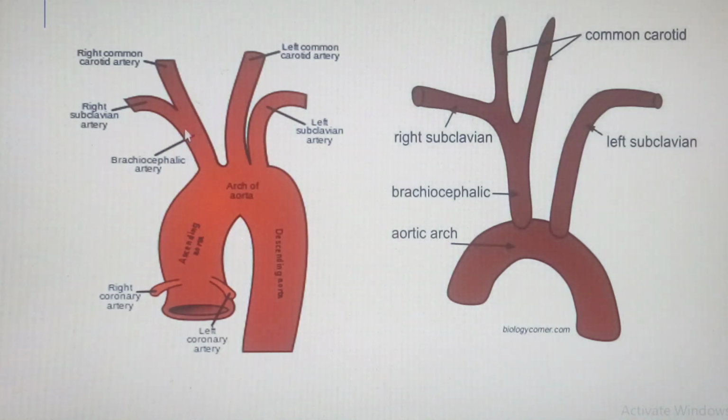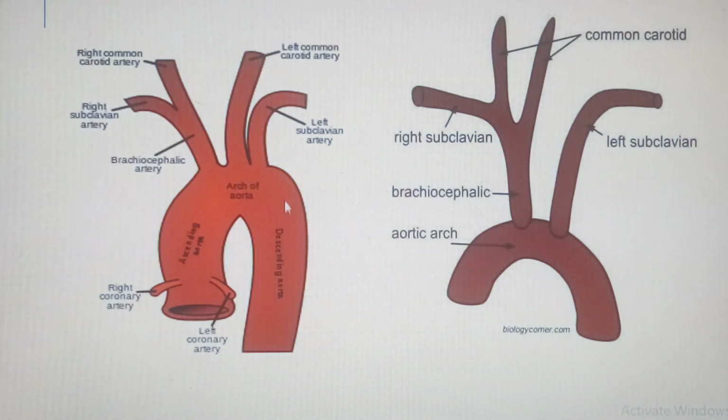Now remember that the brachiocephalic trunk will then bifurcate to give us the right common carotid artery. Remember that the common carotids will always be in the middle. And then it will also give rise to the right subclavian artery. So this is how we normally expect it to be.